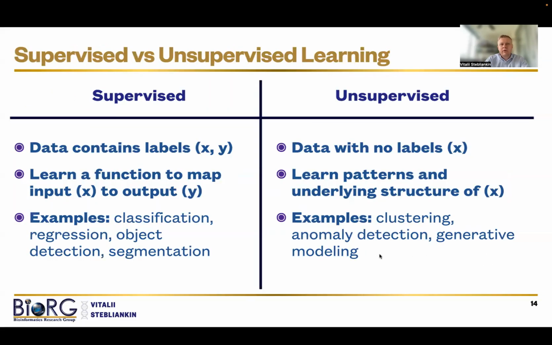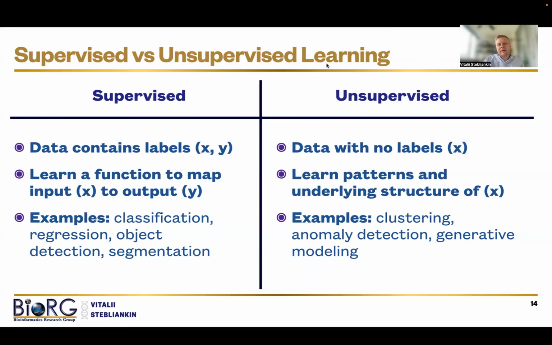So generative modeling is a subset of unsupervised learning. In supervised learning, we have both a dataset and labels, and the objective is to learn a function that maps input X to output Y. Examples include classification, regression, object detection, segmentation, and so on.